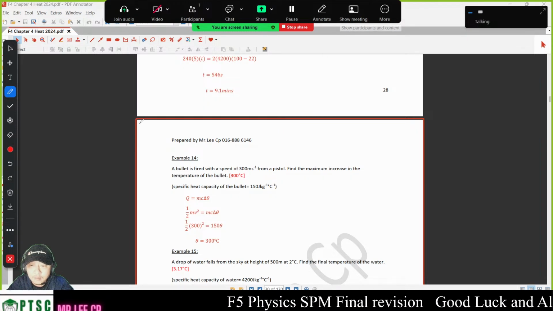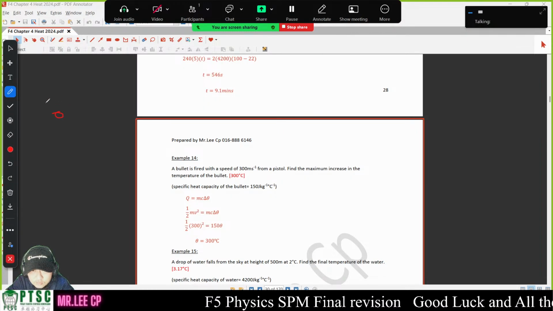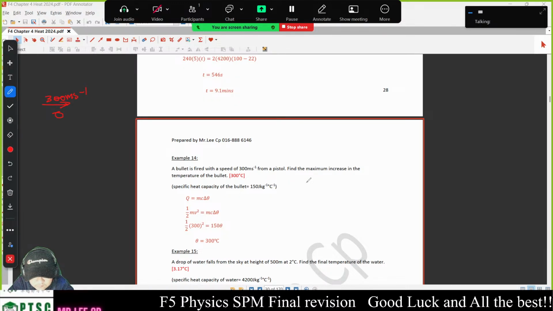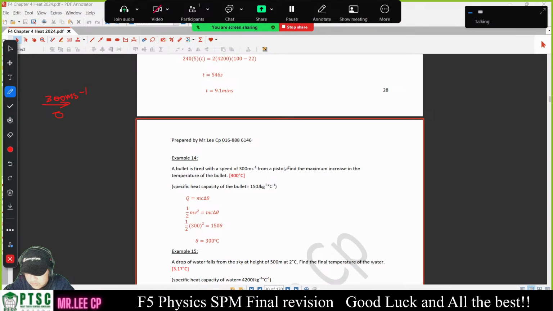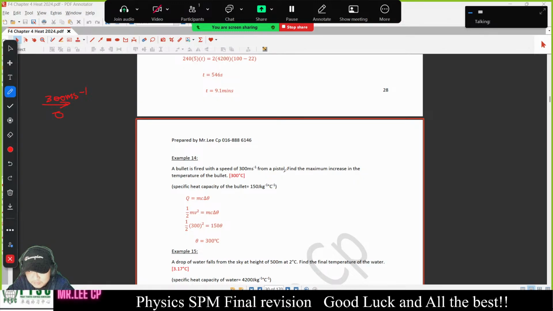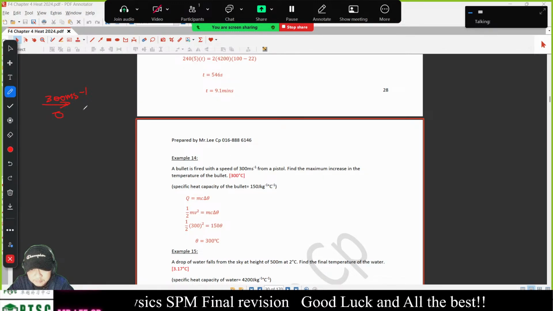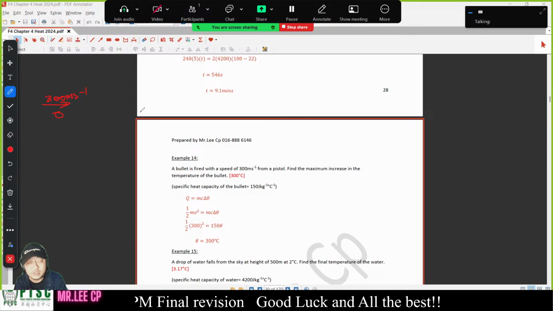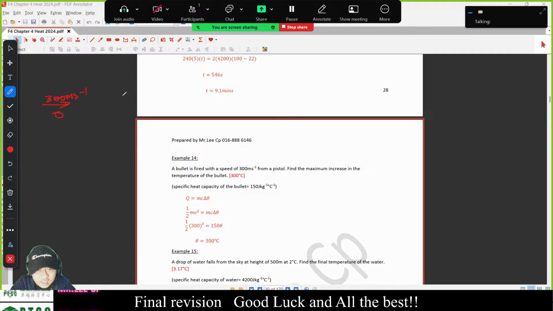A bullet with velocity 300 is fired from a pistol, and then find the maximum increase in the temperature. When it hits the object, the object will get hot, so the heat will transfer to this object.